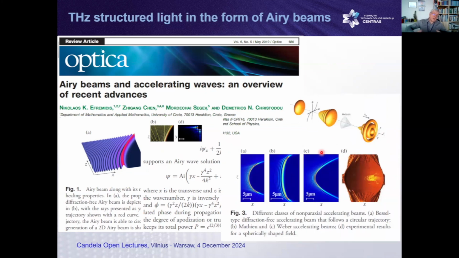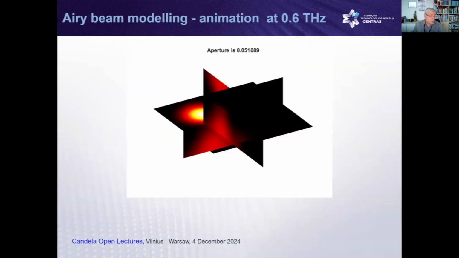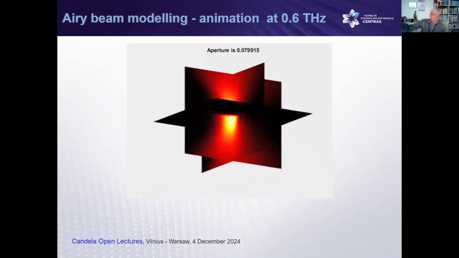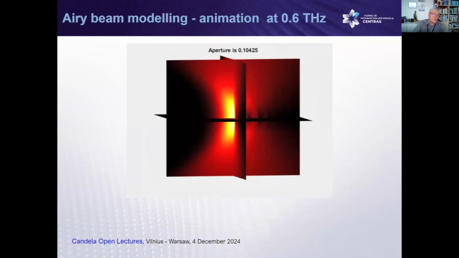So in fact, the idea is to make the curvature and to apply the beam, and we had 2 aims. First is to learn optics, and then to apply it for terahertz imaging. There are many different classes of accelerating beams, but we'll go only this way. So, until this movie runs, the idea is how the evolution looks.